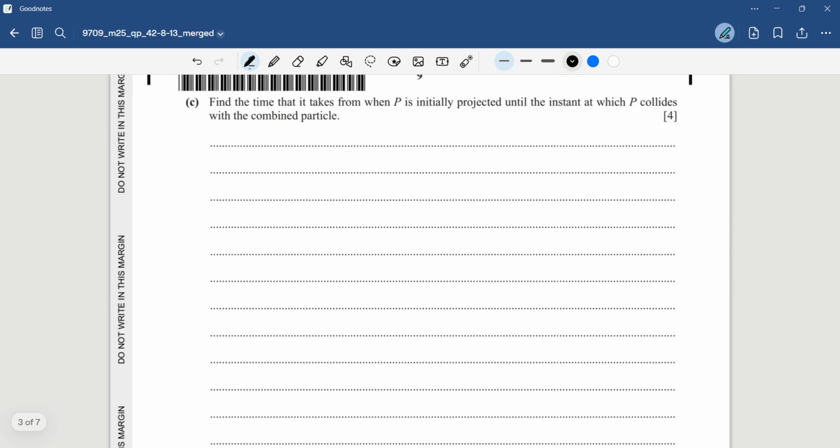Now question number 5c. Find the time taken, from when P is initially projected, until the instant P collides with the combined particle.